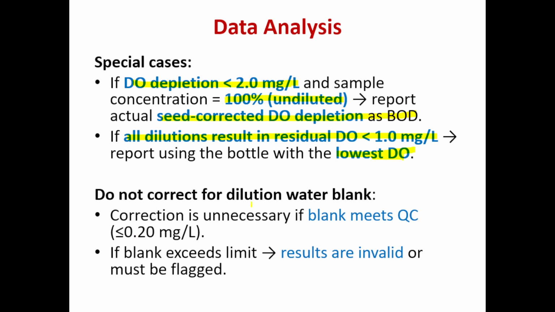DO is not corrected for the dilution water blank. In the case of a blank, we need not correct the DO. Correction is unnecessary if the blank meets the quality check. Like in the case of a sample, we need to do the correction.